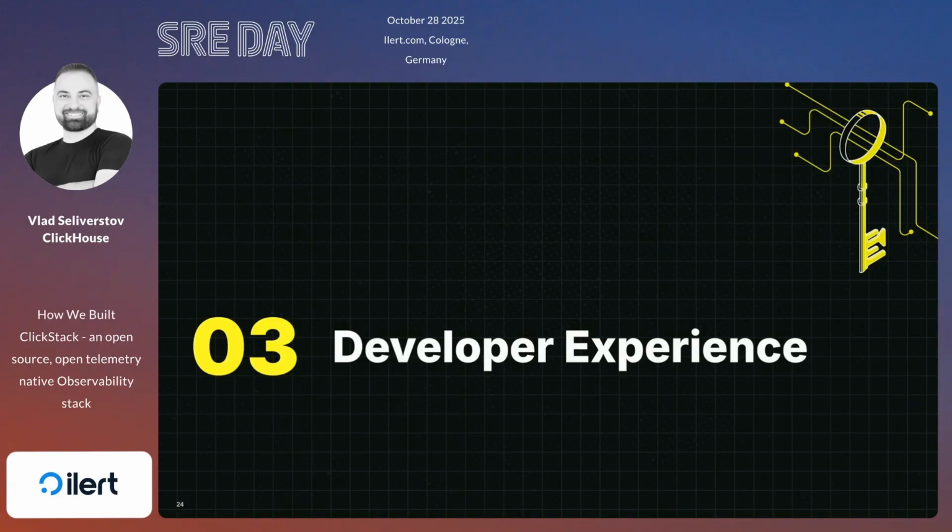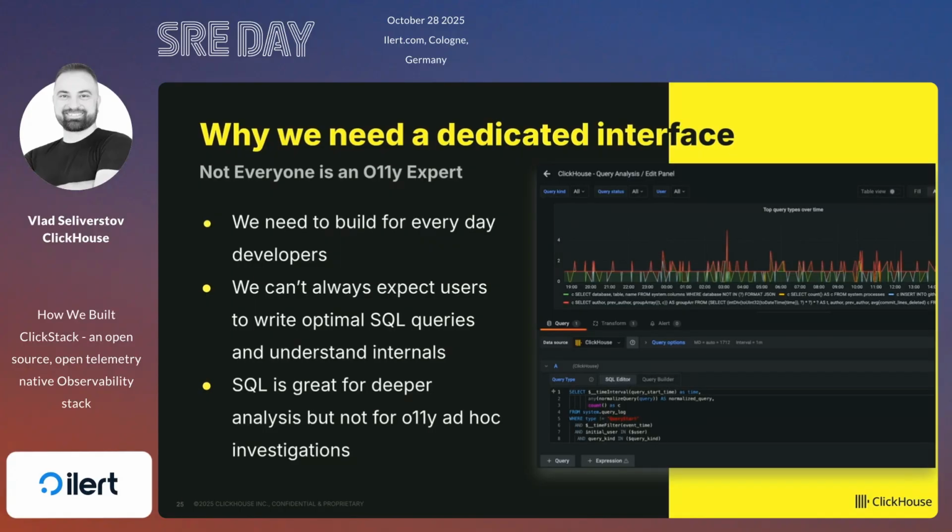So we talked about storage, we talked about ingestion. Now let's talk about what the developer sees, the developer experience. We wanted to build a dedicated interface because we wanted better usability. The alternative, of course, is something like Grafana.